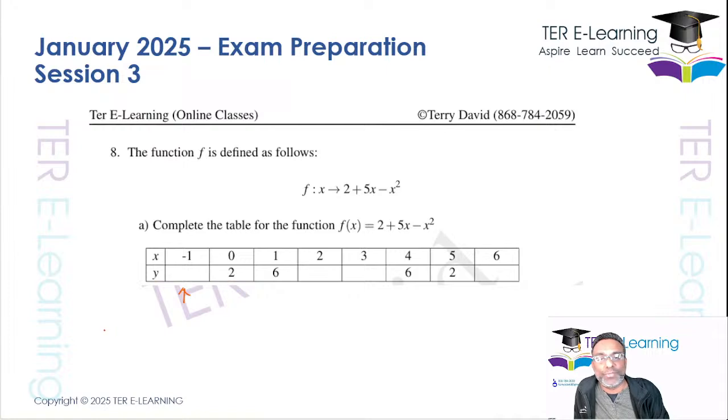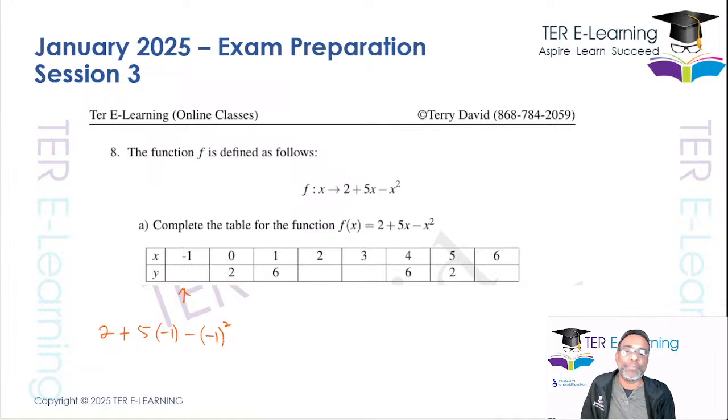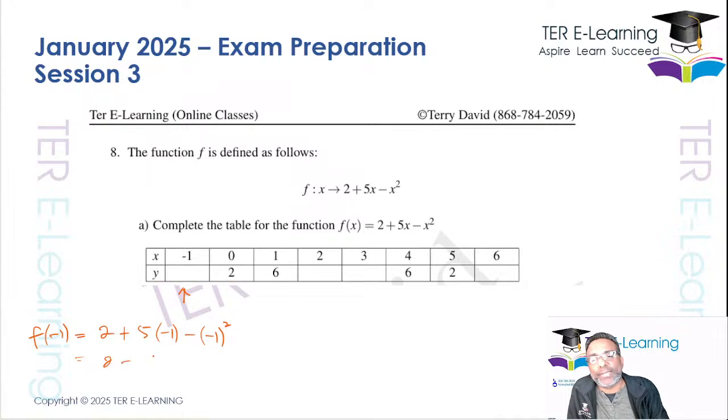So I'm just going to do the first one, which is 2 plus 5x, so that's 5 by minus 1, minus 1 squared. This is f of minus 1. So that's 2 minus 5 minus 1. 2 minus 5 is minus 3.